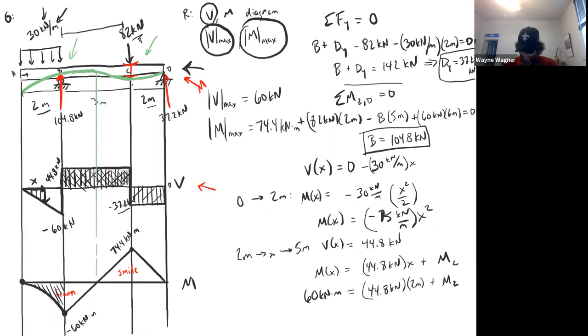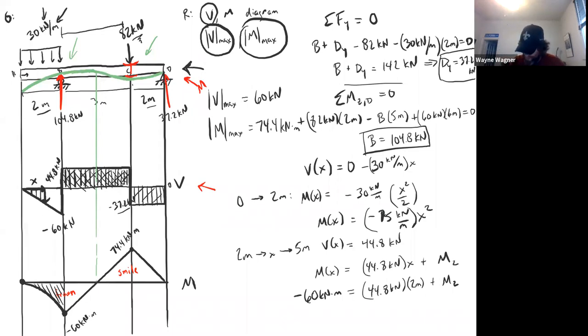Okay, so if we do all of that, let's get M2, and we'll say 44.8 times 2, 89.6, 29.6. That's interesting. That is not what I was expecting. Have I done something wrong here? Oh, this is a negative 60, isn't it? It's a negative 60.